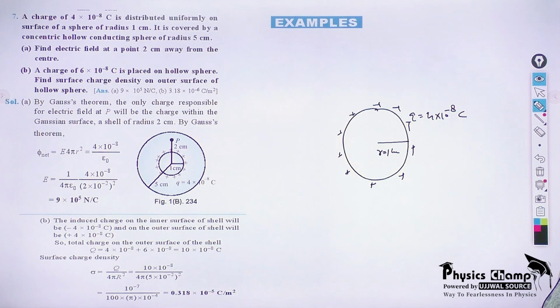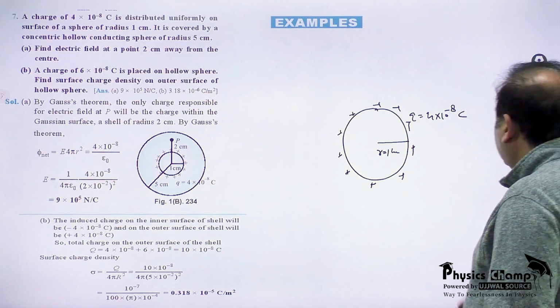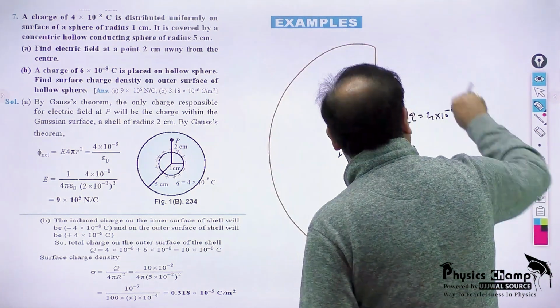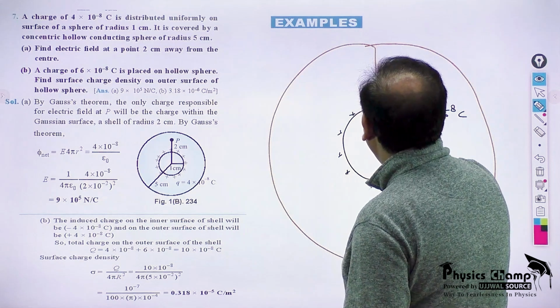Now this sphere is covered by a concentric hollow conducting sphere or shell of radius 5 centimeter. So this one is covered by a shell of radius 5 centimeter.